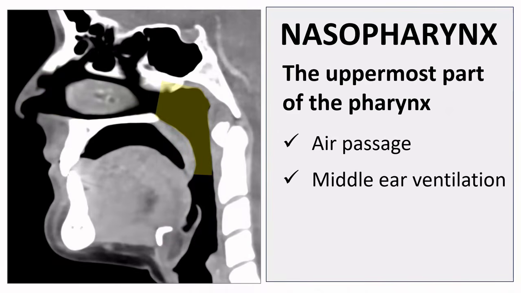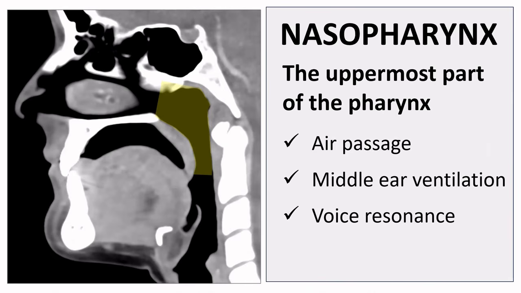Other functions of the nasopharynx are that it plays a role in middle ear ventilation, because as mentioned in the previous part, the orifices of the Eustachian tube are located in the nasopharynx, and when these open, our middle ear gets ventilated.